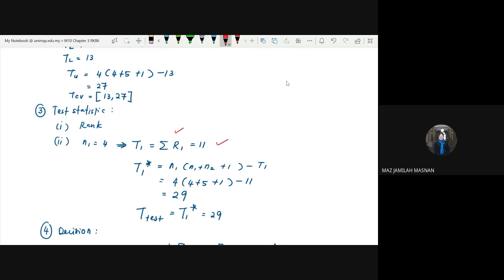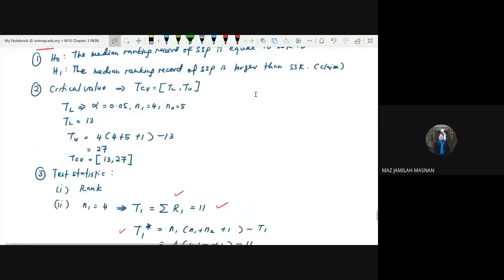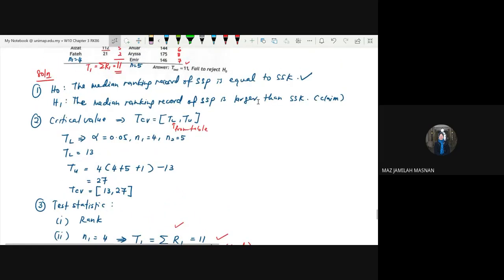Then only you can begin your T1 sum. The same goes for the critical value. The TL will always be from the table. So T1 is from your smallest sample ranks, then find the rank. Any questions so far, class?